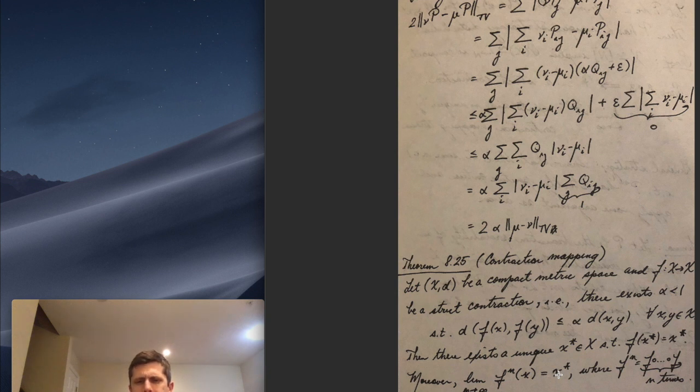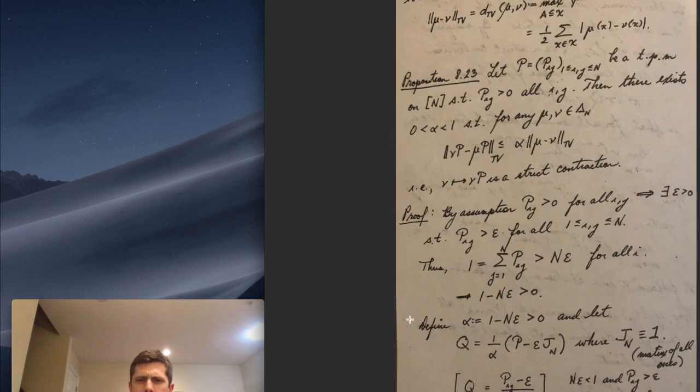Okay, but we can see that this immediately applies, because the space that we're interested in is the simplex, which we've defined the total variation distance on. So it's a metric space. It's a compact metric space. We've already shown that by Heine-Borel. So we have a compact metric space, and we've shown by the previous proposition that it's a strict contraction.